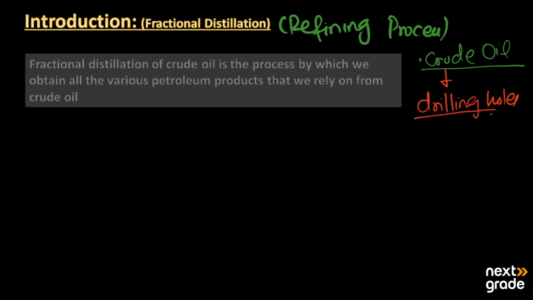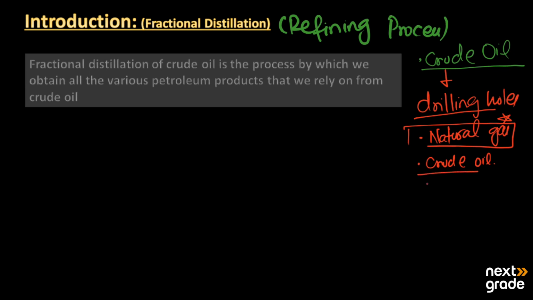When we make the hole, the natural gas comes out first with great pressure, and after some time the crude oil comes out by itself due to the pressure of the gas. When the gas pressure subsides, the crude oil is pumped out.